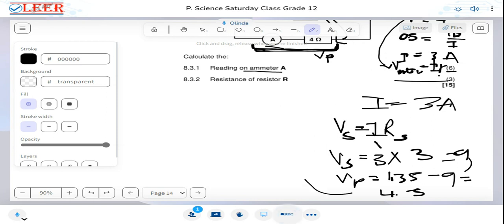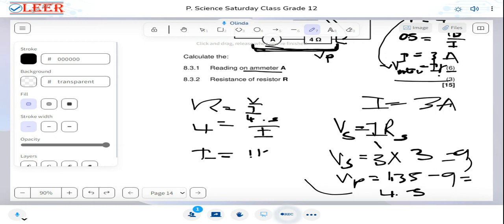With that, we can say R is equal to V over I. We have 4, right? Which is equal to 4.5 over I. So therefore, I is equal to 1.125. They say calculate the resistance of resistor R.